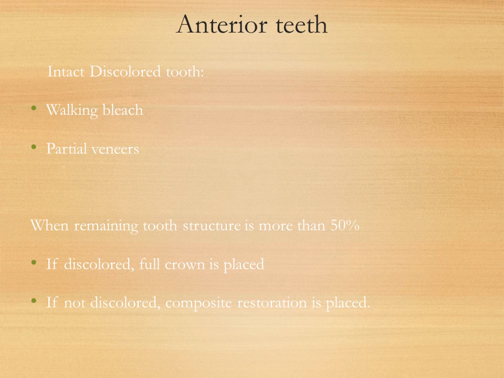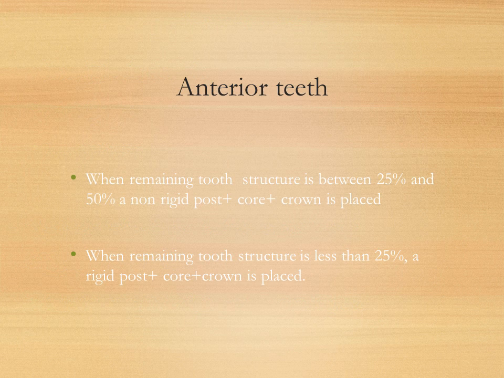However, if you have loss of tooth structure but the remaining tooth structure is more than 50%, if it is discolored, you do your endodontic buildup, and of course you have to give a full coverage crown. If the remaining tooth structure is more than 50% but it is not discolored, a composite restoration should suffice for the time being.